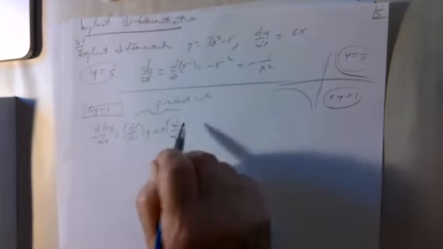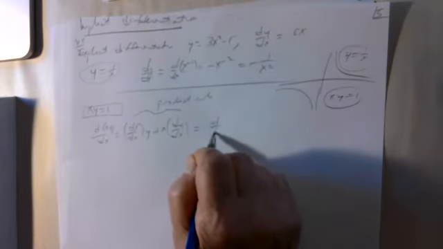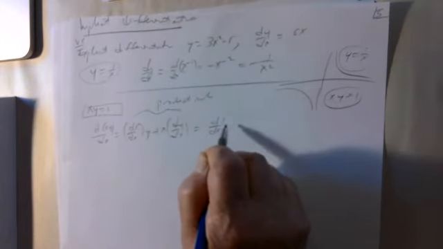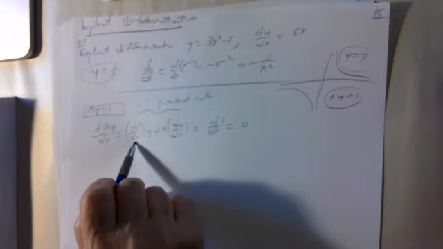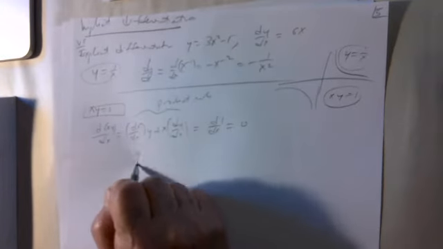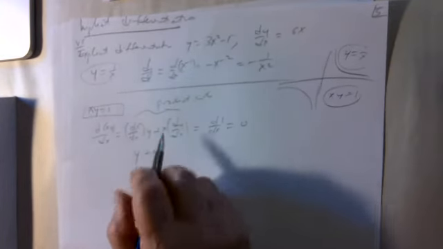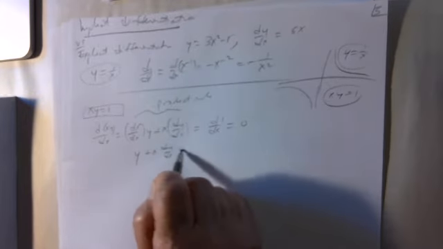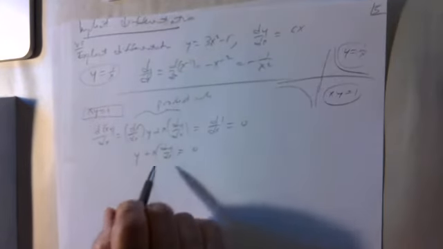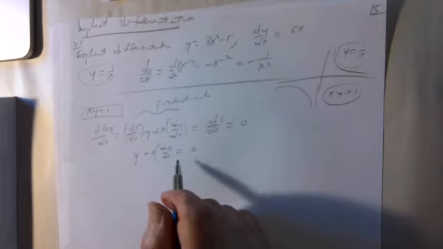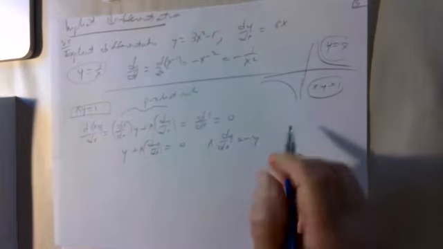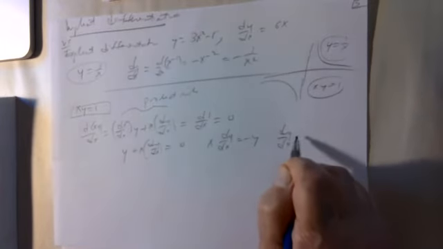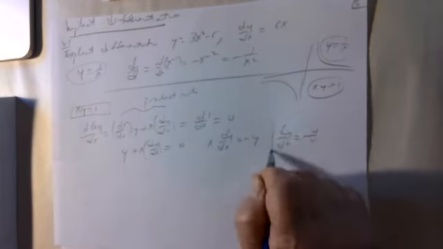On the other hand, xy is equal to 1. So this is the derivative with respect to x of the constant function 1, which is 0. And dx dx is 1. So we get y plus x dy dx equals 0. And now I can solve this equation for dy dx. X times dy dx is minus y, or dy dx is minus y over x.